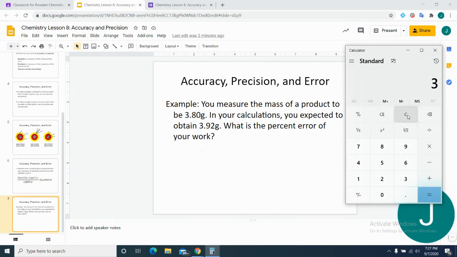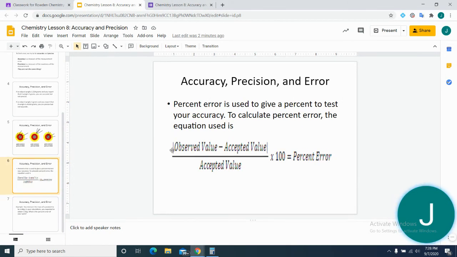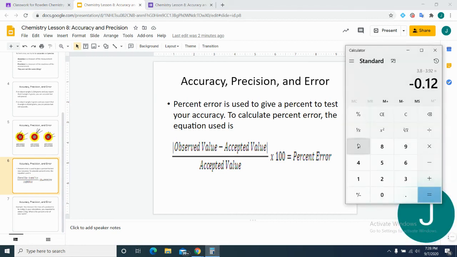We have 3.80 minus 3.92, and we get negative 0.112. Look at the formula, though. This is absolute value right here, so whatever the difference between them is, just keep it positive. The error in this is wrong by exactly, ignoring the negative sign, 0.112.